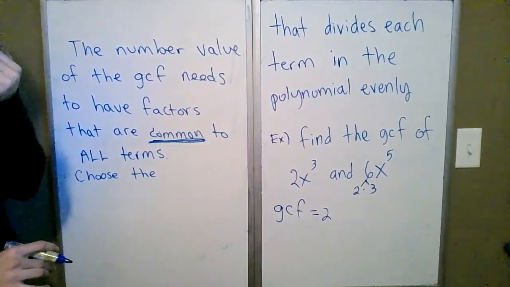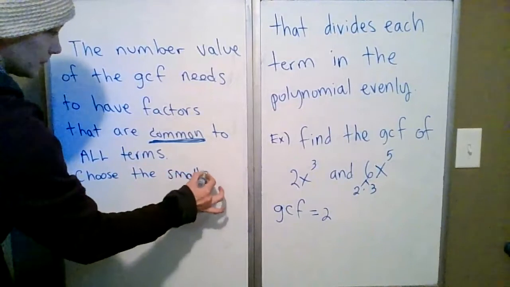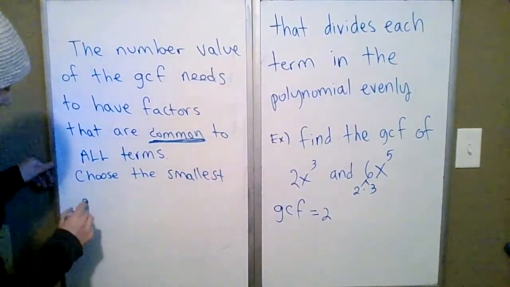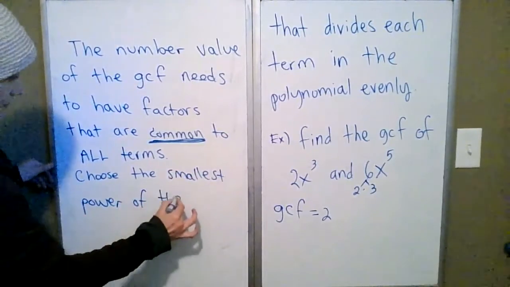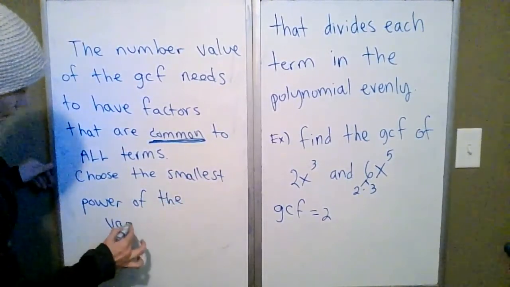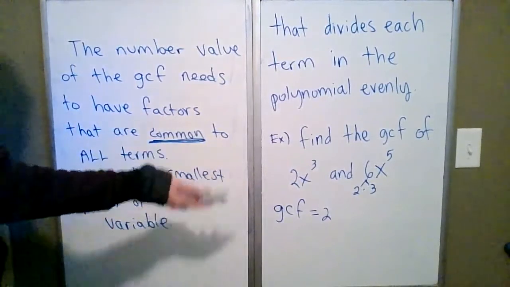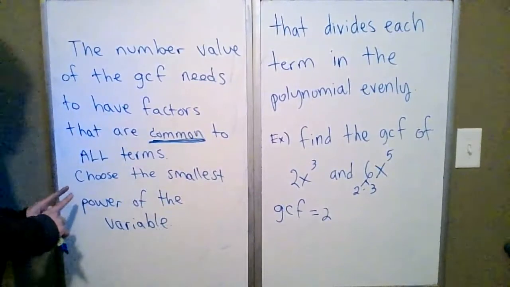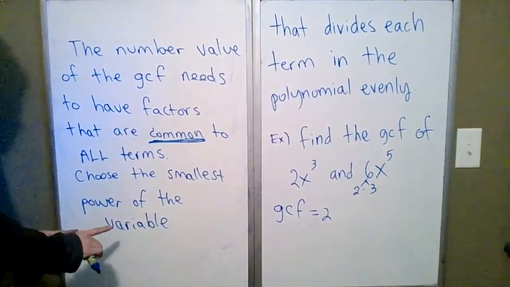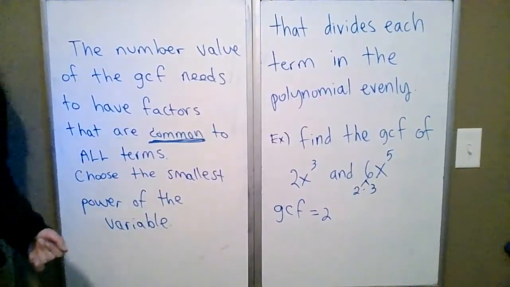Let's go with the smallest power. We'll do some more examples and make sure this makes sense. But for now, if I pick the smallest power for my variable, and the variable is x, I would pick x cubed.